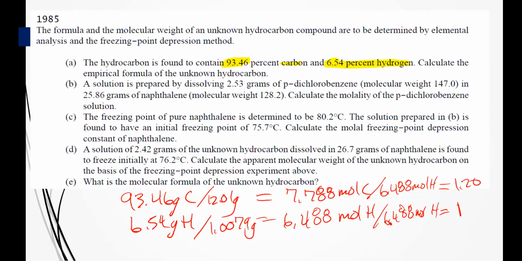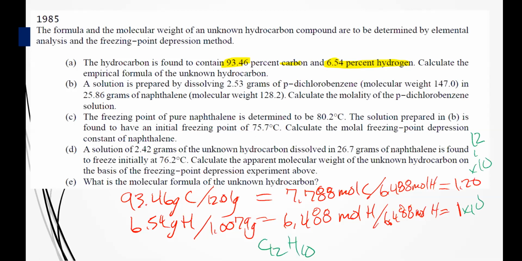You guys have any thoughts? If we wanted to get rid of that 1.2 and turn it into a whole number, what should we multiply it by? 10. So if we multiply it by 10, we're going to get 12 and 10. So carbon 12, hydrogen 10.